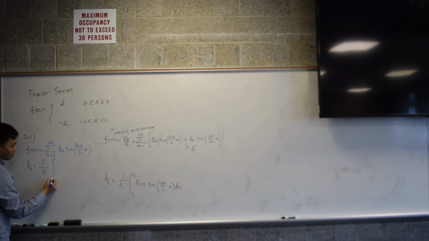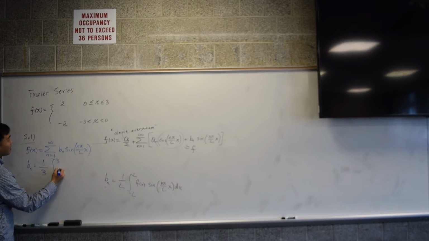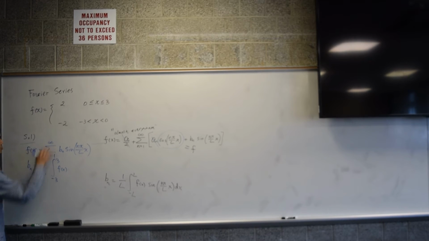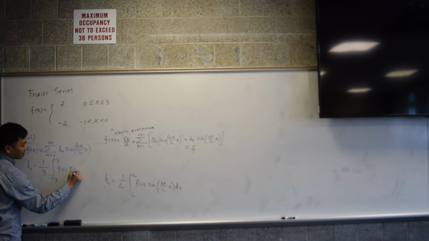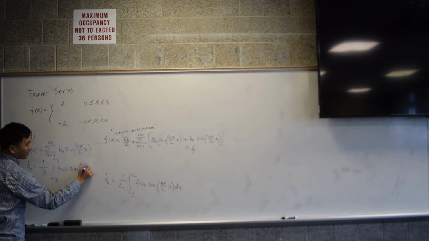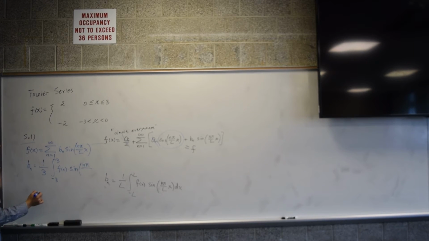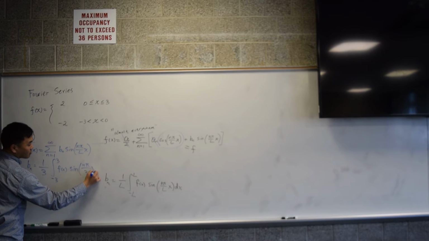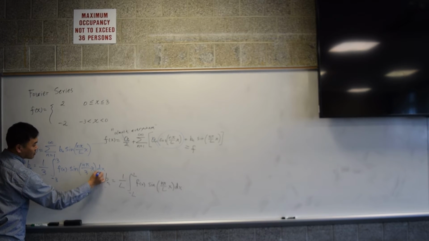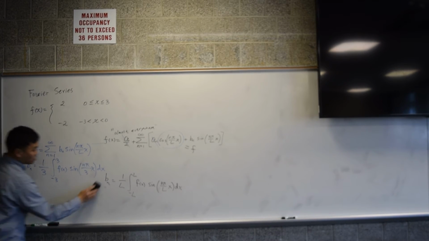And your integral should be from negative 3 to positive 3. And what's f of x? Well, we don't know f of x. It's complicated, so let's leave it as f of x. And sine of n pi over 3 x dx. That's what we have to compute.